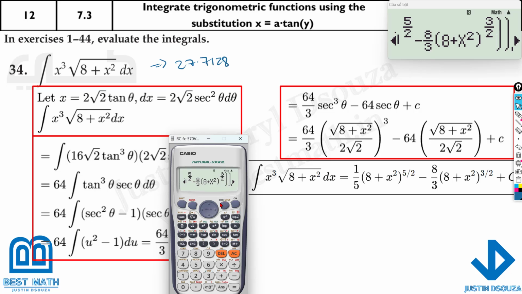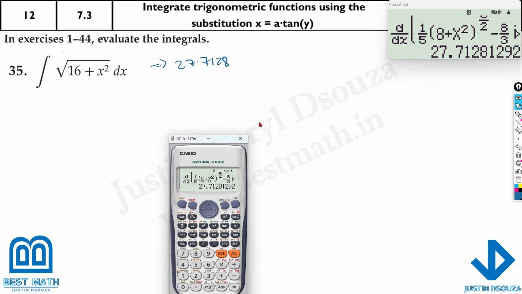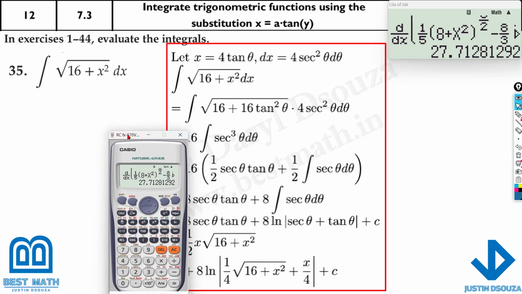And we will have to close the bracket. No, we don't have to because we didn't open any bracket. Sorry, it's 2. Let me just check. Anyways, if you have missed a bracket, it'll give us a syntax error. And the answer is correct. It's 27.7128. Similarly, please do try the other problems here by yourselves.